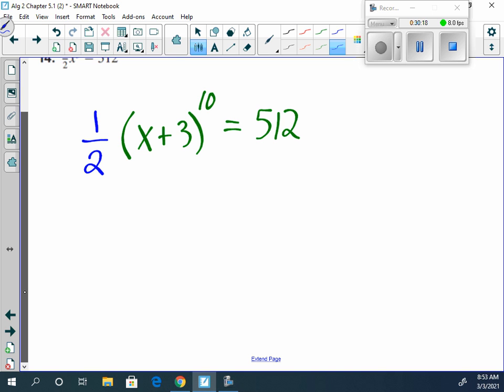What can I do to 1/2 to get it to go away? What's 2 times 1/2? 2 times 1/2 is 1. So we can do it in either direction.